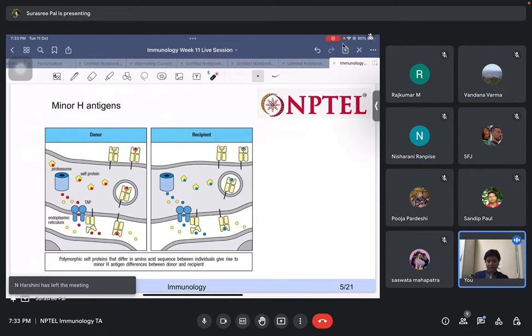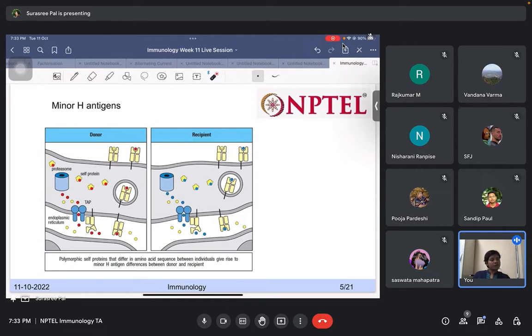So what are these minor H antigens? They are peptides which are derived from polymorphic cellular proteins. So some proteins of our body, not only the MHC proteins, the major histocompatibility complex proteins, but also some other proteins are polymorphic in our body. That means your protein will be different from mine, the amino acid sequence differs from individual to individual, even if it is the same protein, right?